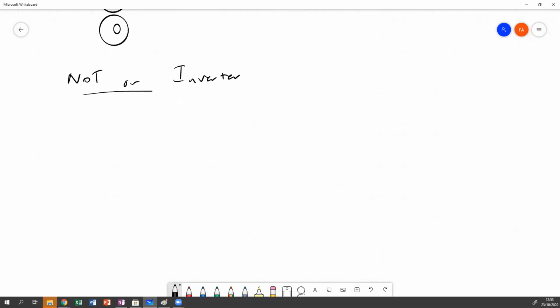The NOT or inverter gate. We show this physical gate by a triangle like this, as you see. What it does: if you have an input, here we call it input, and here we call it output.